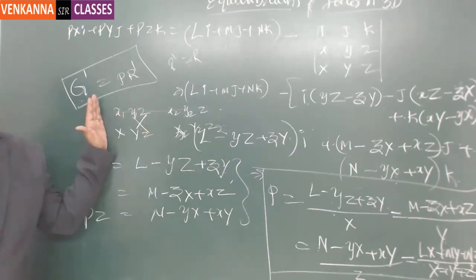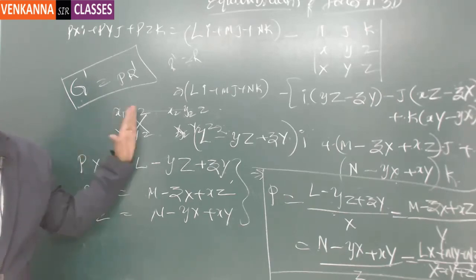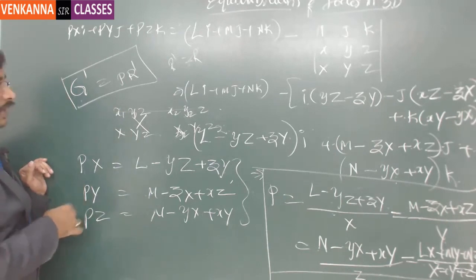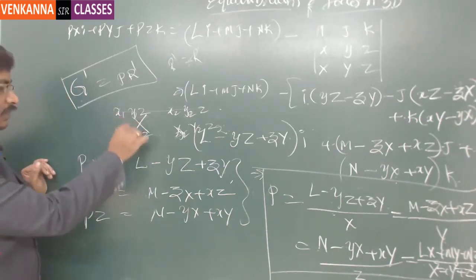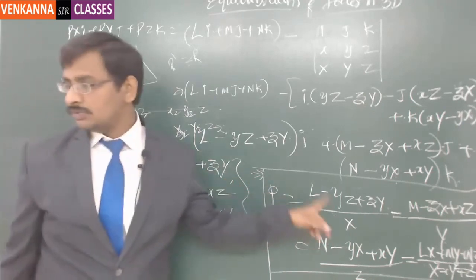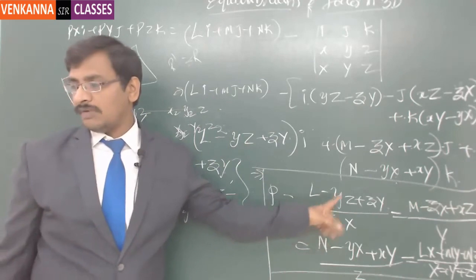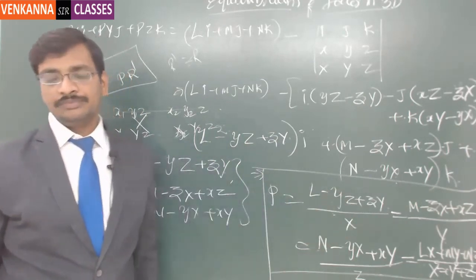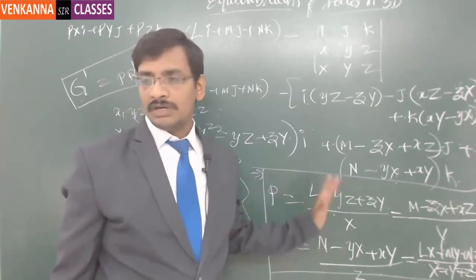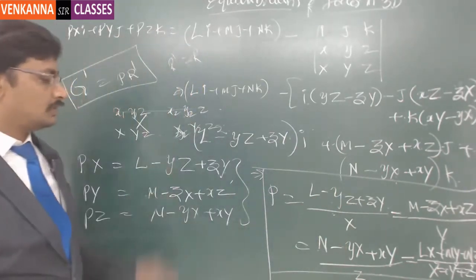It will go in a sequential manner: for y, xz minus zx, and for z, xy minus yx. So it is going to fit like this. If you put it in this format, you will be able to arrive at this equation. Got it? So this equation needs to be remembered, but it's not tough to remember. Clear? Okay, you can note down this.